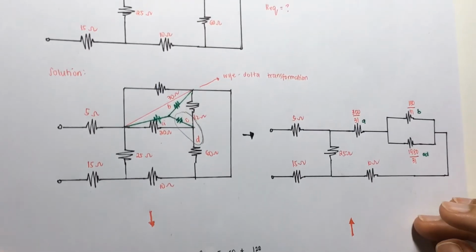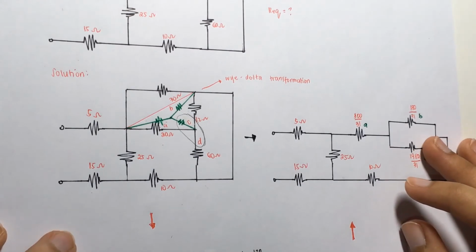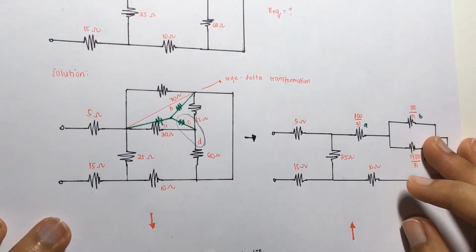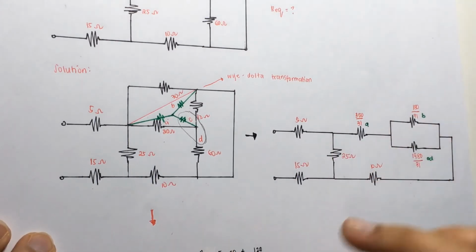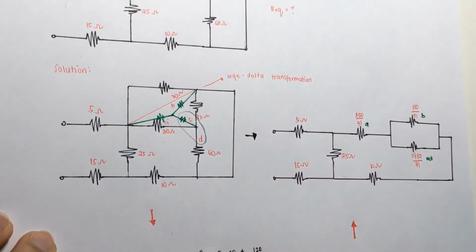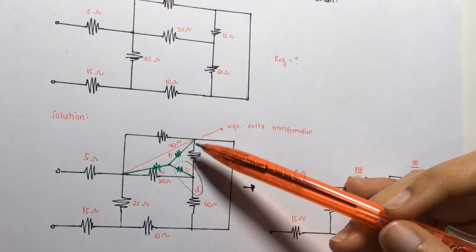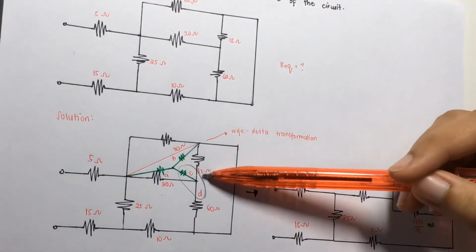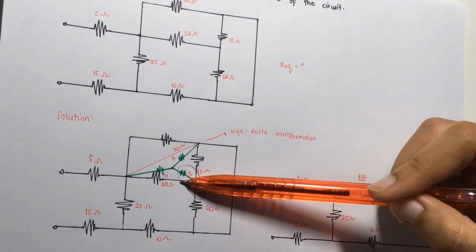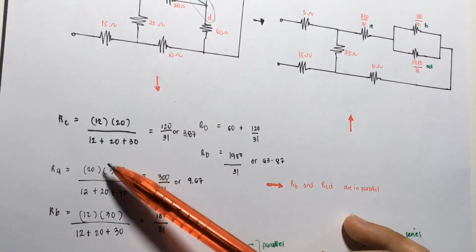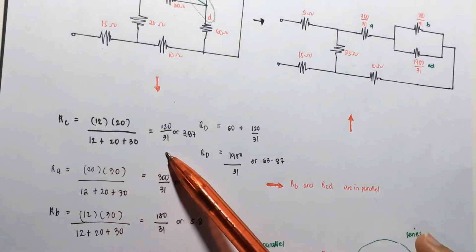So in Y delta transformation, we are using the formula adjacent times adjacent over the overall resistors, or the three resistors.